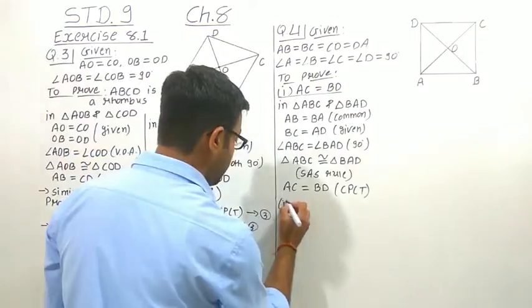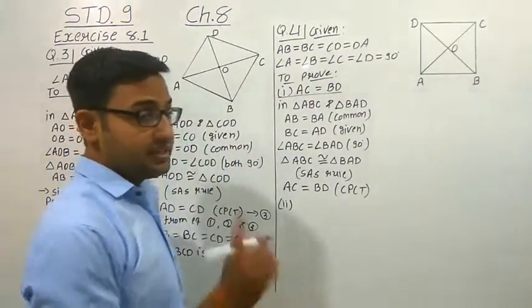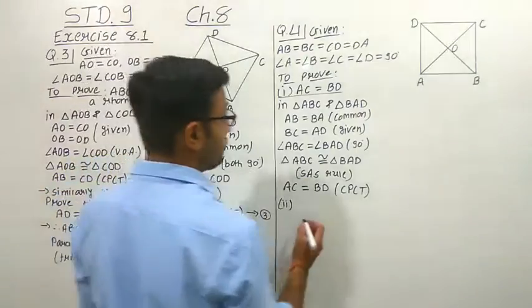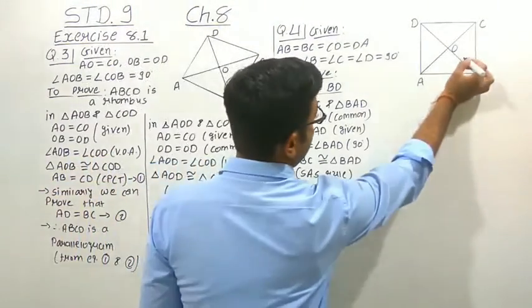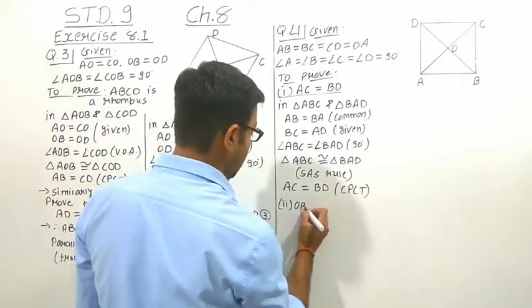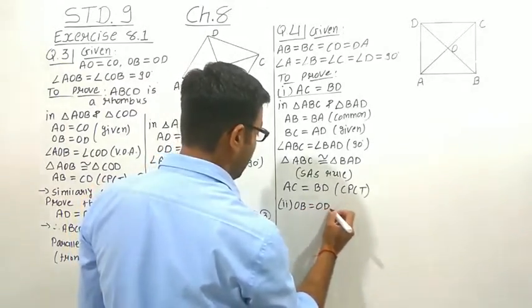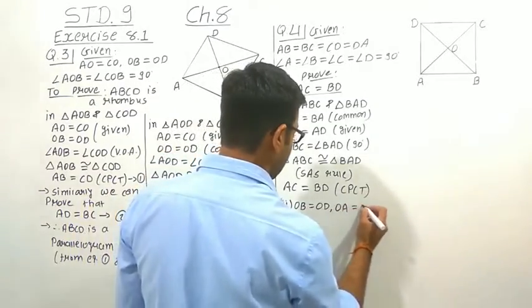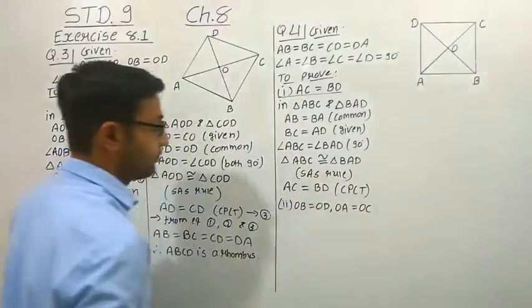Second thing we have to prove is that they are bisecting each other at right angle. So bisecting each other, that means we have to prove that OB is equal to OD and OA is equal to OC.